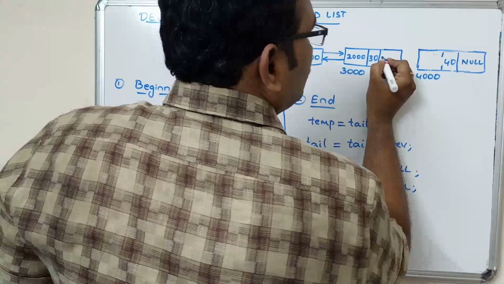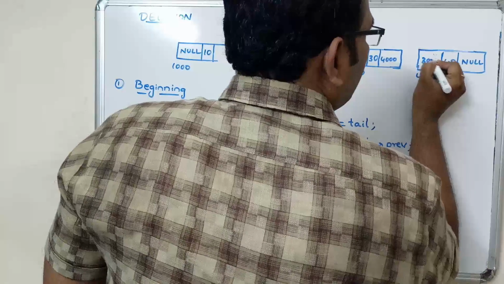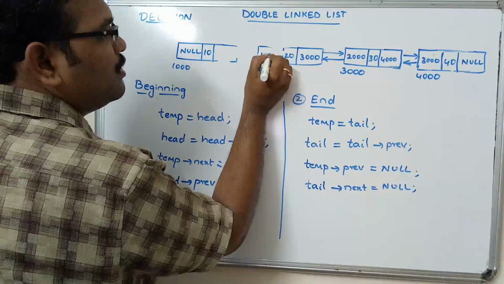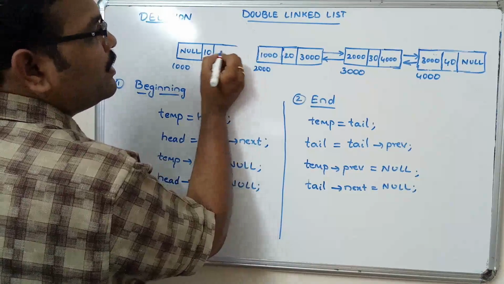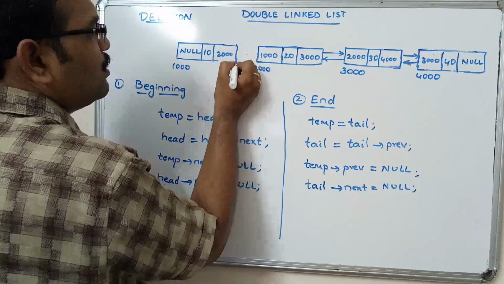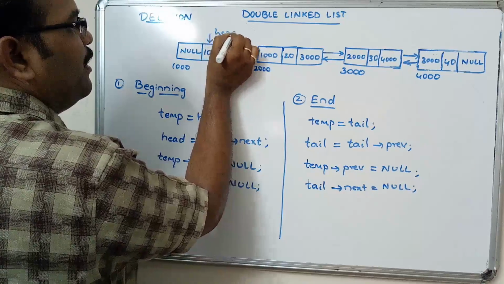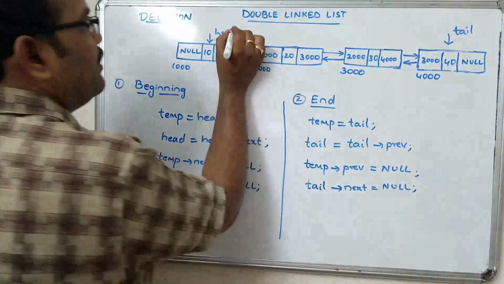Here it is a 4000, here it is a 3000, so a link, and here it is 1000, so there is a link, and here it is a 2000, there is a link, it is a head, and this one is a tail.